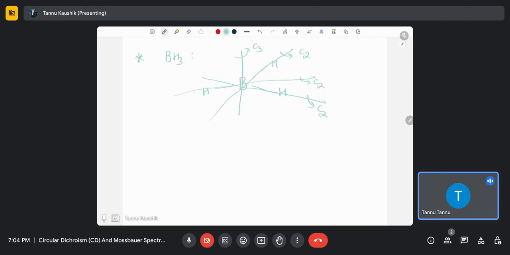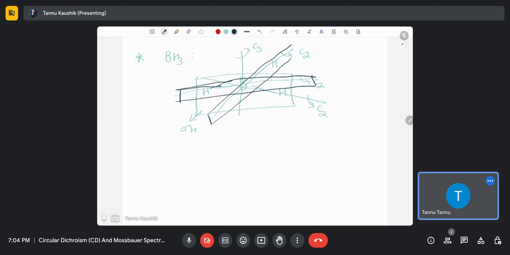And it also has a horizontal plane perpendicular to the principal axis. And there are also three vertical planes passing through each of the BH bonds, which contain the principal axis. So like this we have 3 sigma v's.